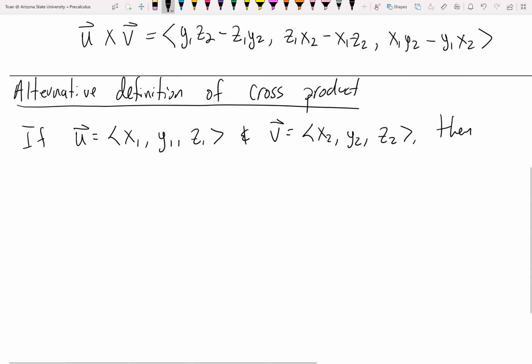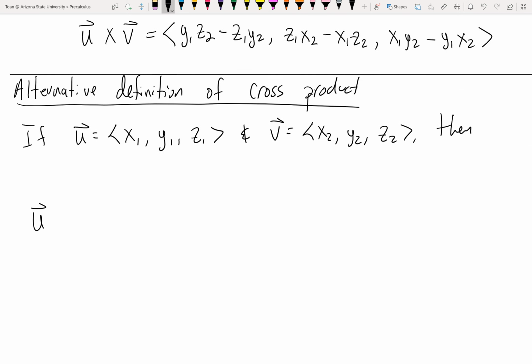Then the cross product of those two vectors is defined to be the determinant of a 3 by 3 matrix. Now the setup of the 3 by 3 matrix is always the same. The first row will always be the unit vectors in all three directions: the unit vector i, the unit vector j, the unit vector k. So that's easy to remember. It's always going to be like that.